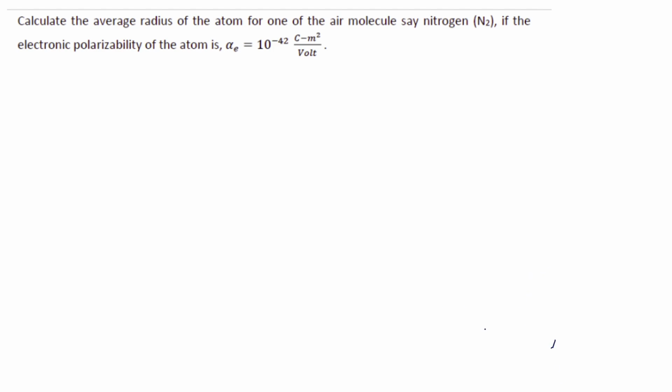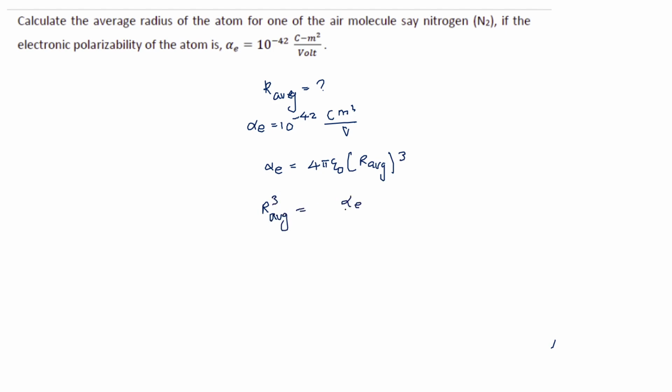You have to calculate R average. So alpha E will be 10 to the power minus 42 coulomb meter square divided by volt. Now the alpha E formula we know is 4 pi epsilon 0 R average cube. So R average cube will be alpha E divided by 4 pi epsilon 0.